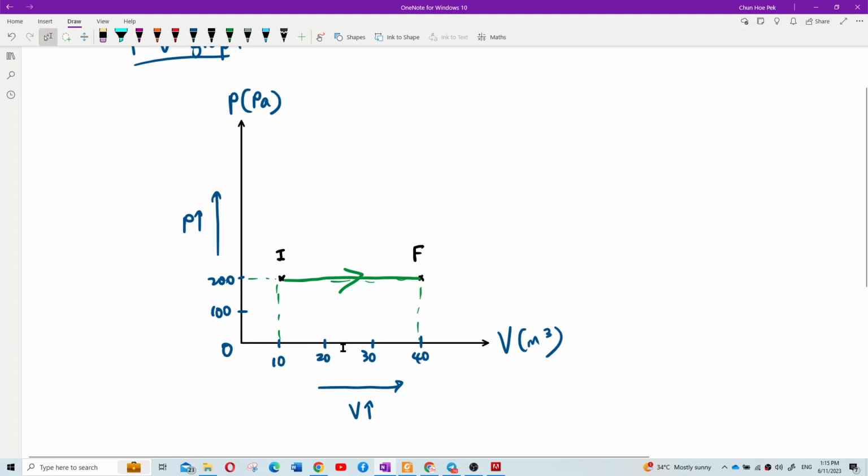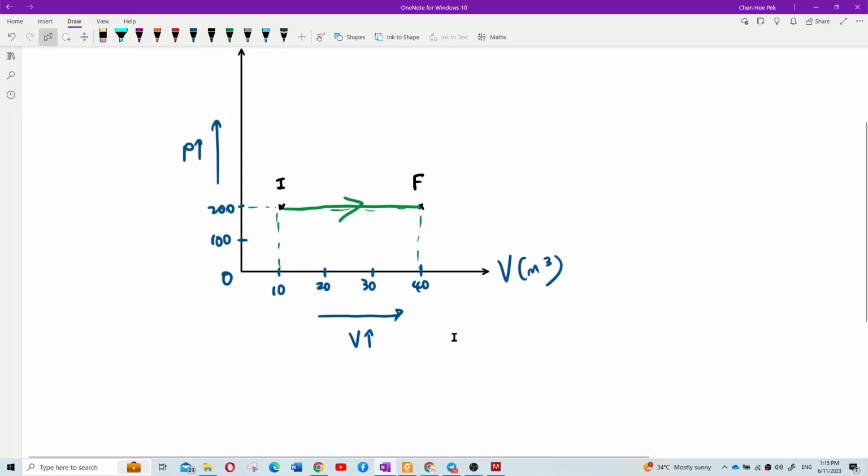So this is a volume increase, which is what we call expansion. The process is going to the right, it means expansion. Understand, class?